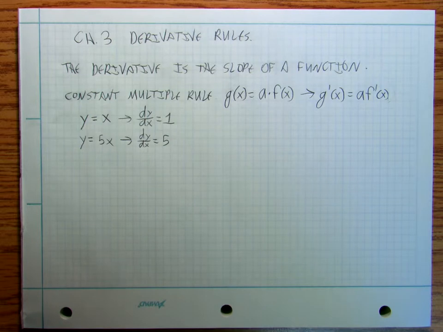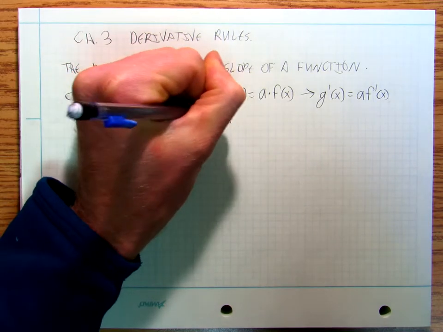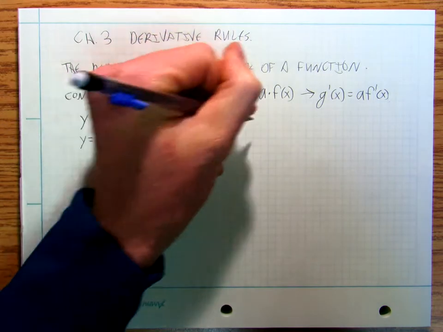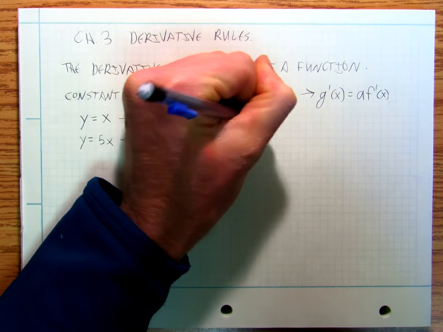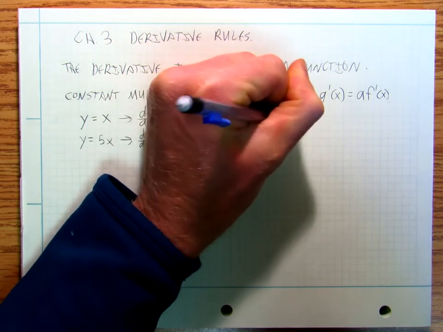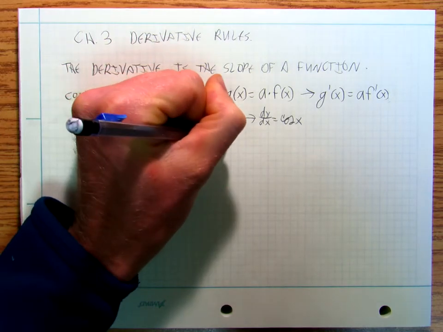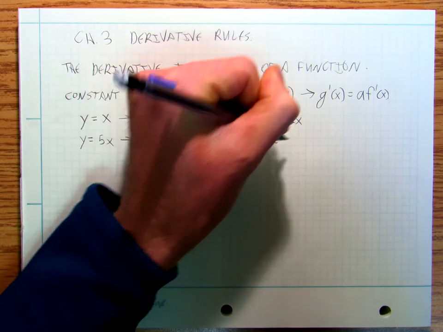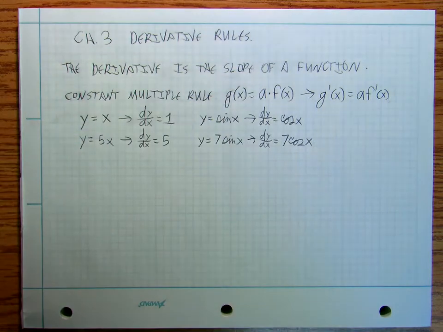Okay, so again, you've already seen some of these things, so let's do y equals sine x, previewing what we'll be talking about in later stuff, and then dy/dx is equal to cosine x, then y equals 7 sine x, dy/dx is equal to 7 cosine x.